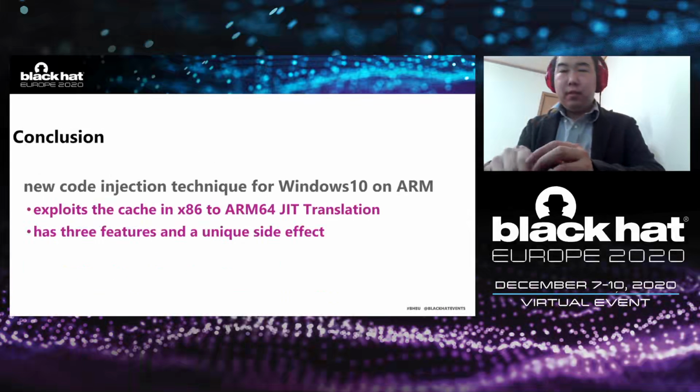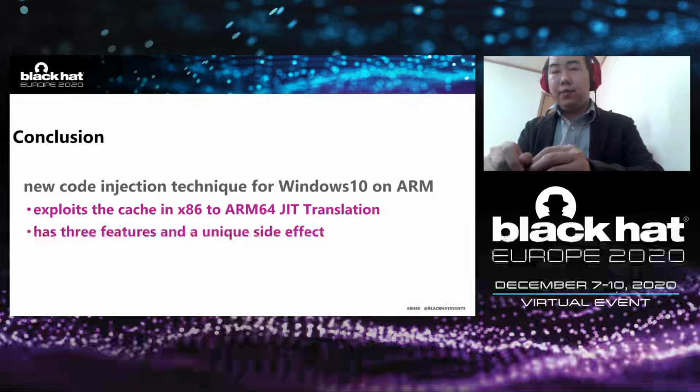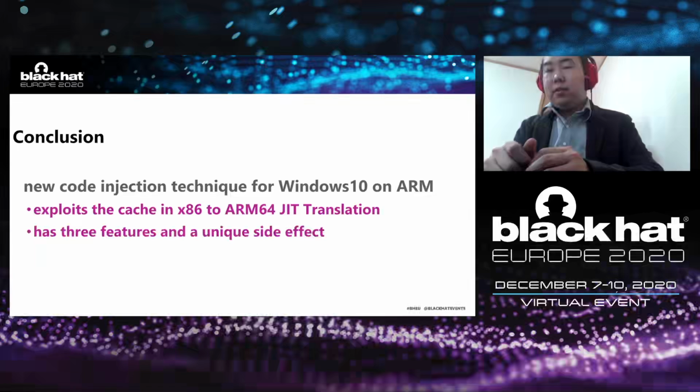Conclusion. We provided technical details about a new code injection technique for Windows 10 ARM. It exploits the cache in XTA, and it has three features organized in MITRE ATT&CK. And it has a unique side effect because it exploits this target.